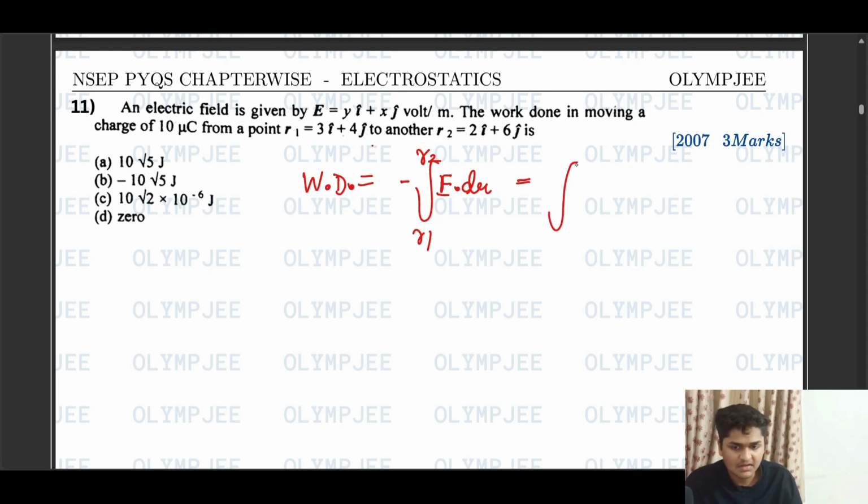So this will be given as, dr can be written as dx i cap plus dy j cap, from 3,4 to 2,6.